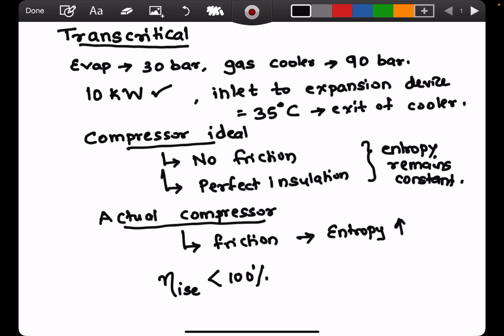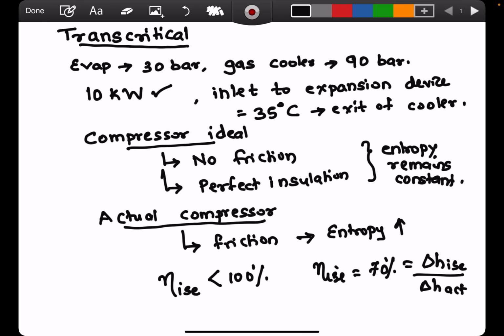Let us say that in this given problem, the isentropic efficiency of the compressor is given to be 70%. It means that the delta H of the compressor which is isentropic, and the delta H across the compressor which is actual, are different. That is the meaning of isentropic efficiency: delta H isentropic upon delta H actual.